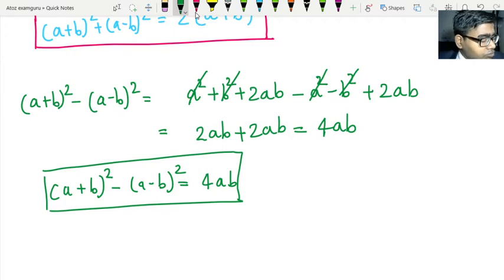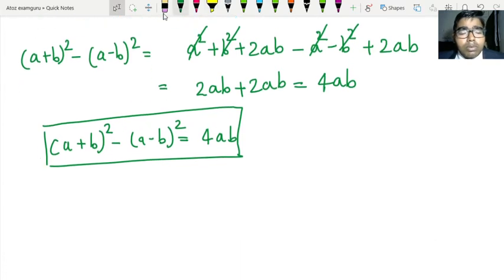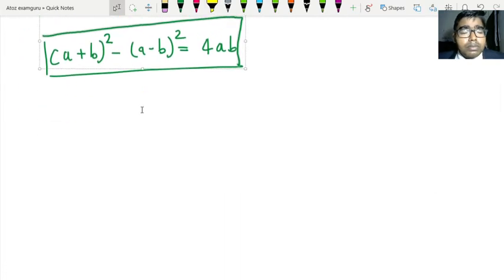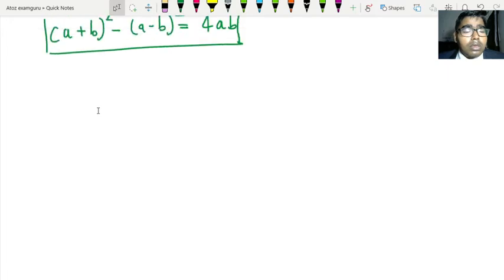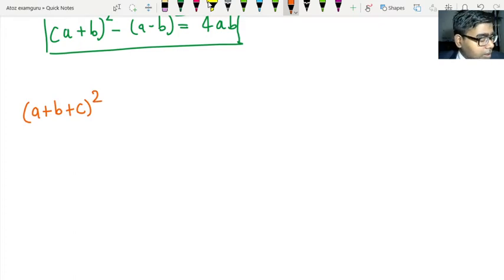Now move to the next question. Next formula. Simply take, if this is given to you as a plus b plus c whole square, right friends?